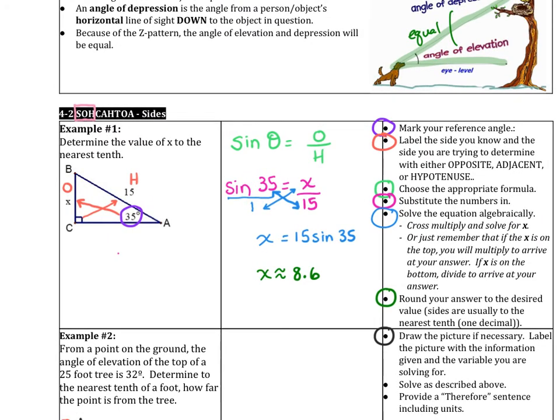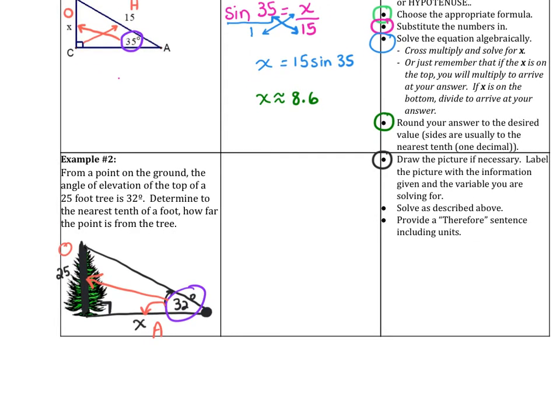And then, to find out the formula, we know opposite and adjacent. So because we know opposite and adjacent, then we're going to use the tan formula. So TOA means tan theta equals opposite over adjacent. So the formula is going to be tan theta equals opposite over adjacent.